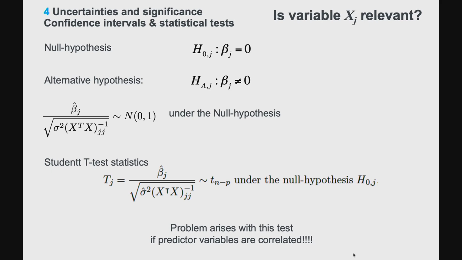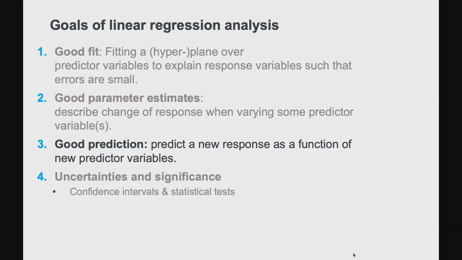So this statistical tool is to be used carefully. There are other statistical tests like ANOVA on joint hypotheses when the variables are not independent from each other. Okay, so these are a bit more side notes about 1, 2, and 3.